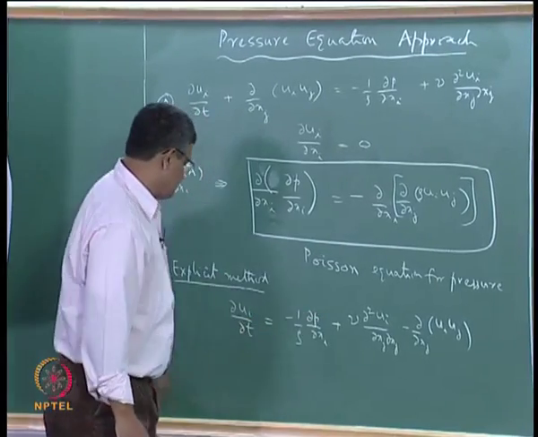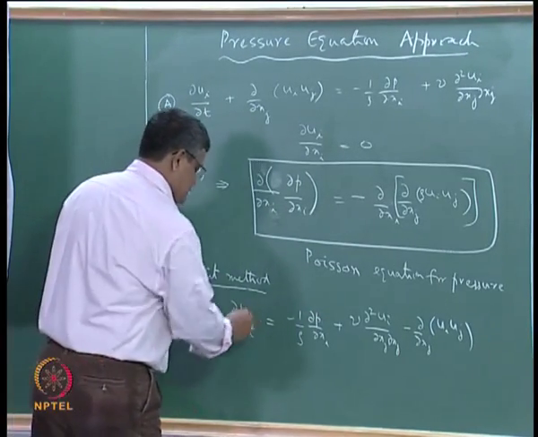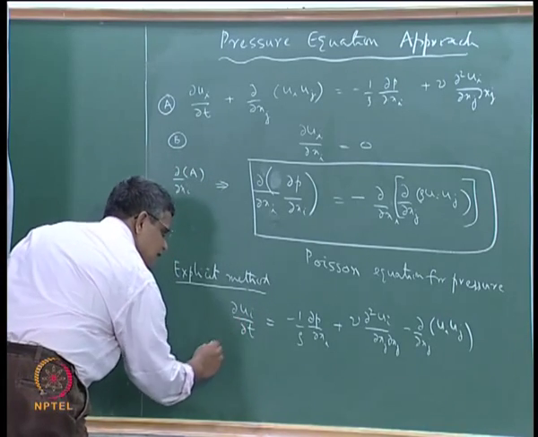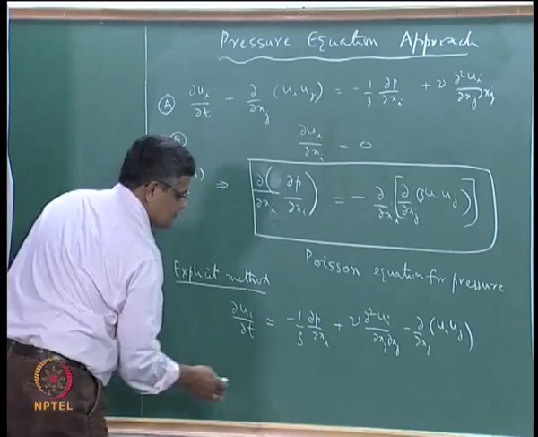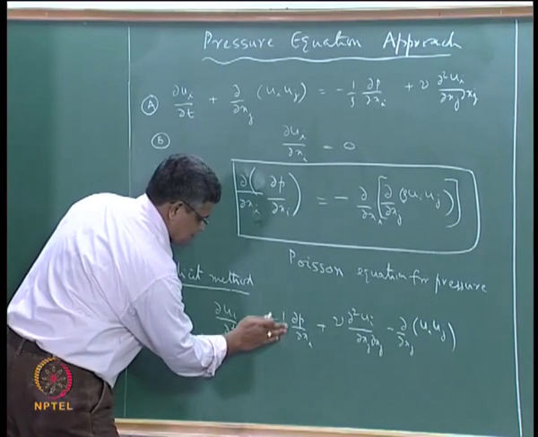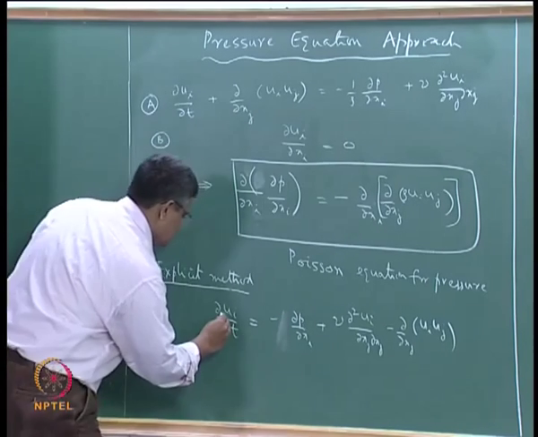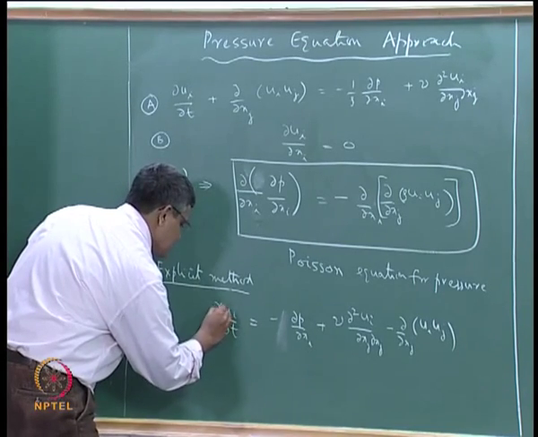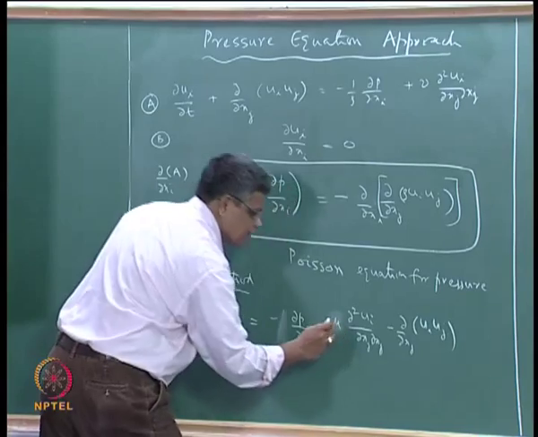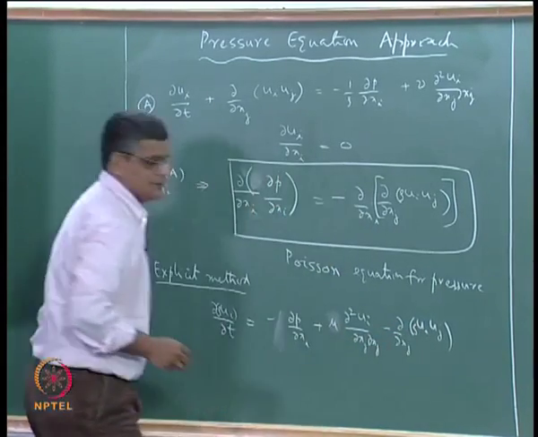Now what we say is that this is determined explicitly, so we can write down from this, without losing any generality, we can take the density here, we can make this dynamic viscosity, and we can put density here.